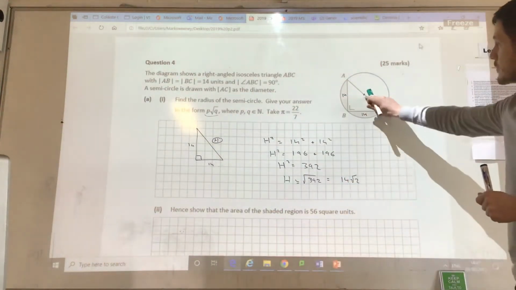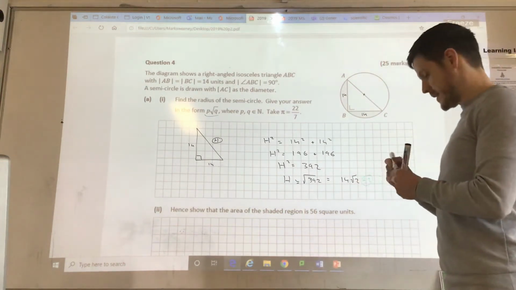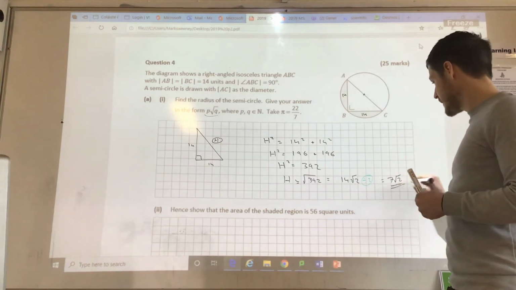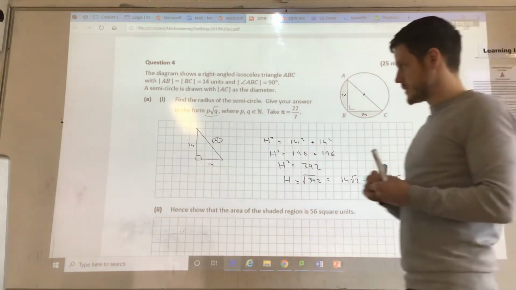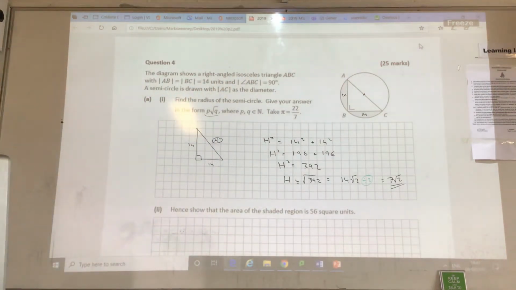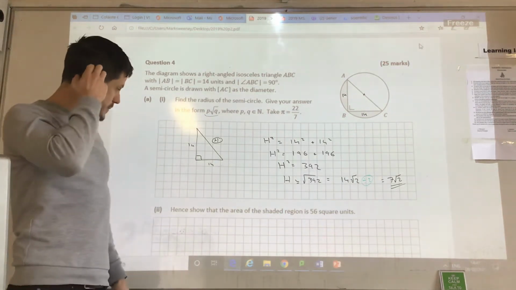But remember, we're only looking from the center to the edge, which is the radius. So I divide that by 2, and I get 7 root 2. And that is my radius there. So a little bit tricky, that. Spotting that as a Pythagoras question can be a little bit tricky, but again, not massively difficult mathematically. The words are the biggest problem there.